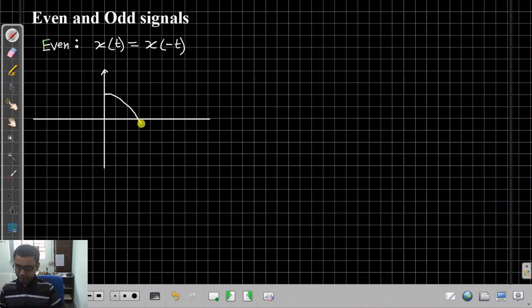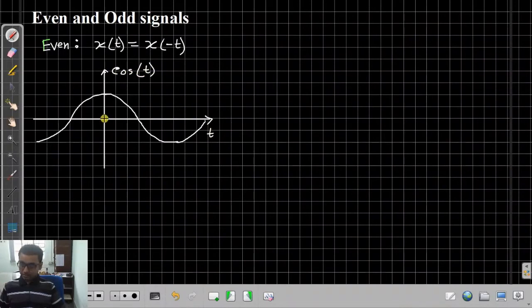A cosine function will look like this. This is time versus cosine t, and you see that the value at some time is same as the value at the negative of that time.